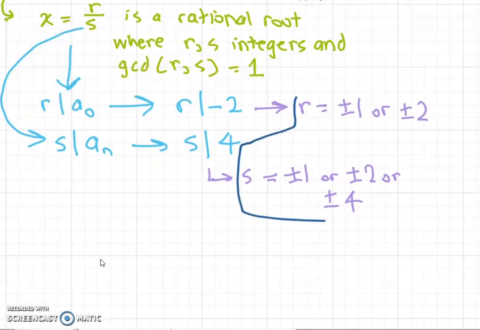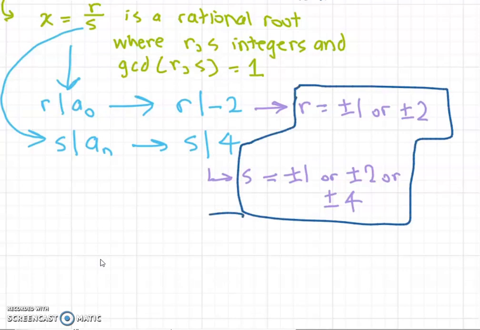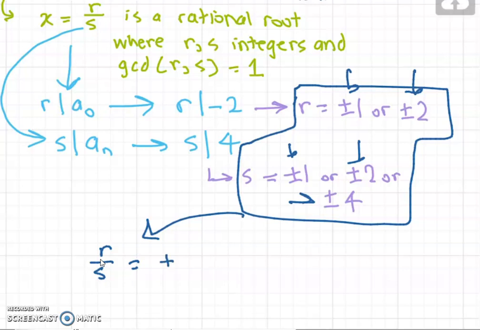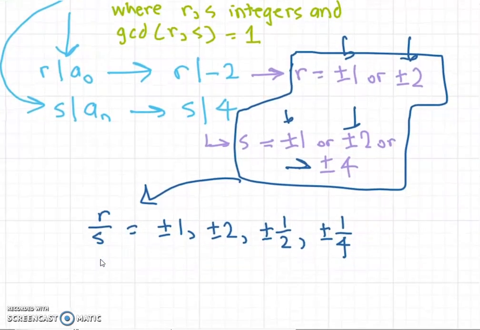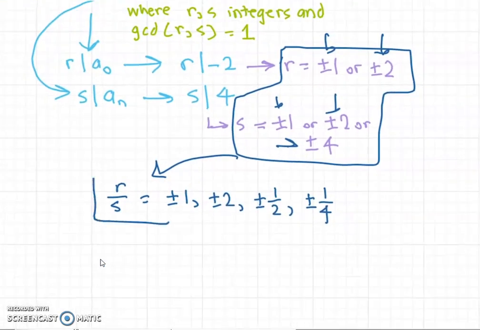If we look at every single combination of plus or minus 1, plus or minus 2 divided by every single combination over here, all possible values of r over s are plus or minus 1, plus or minus 2, plus or minus half, and plus or minus 1 over 4. Okay, so we have 8 different possible values of the rational root.